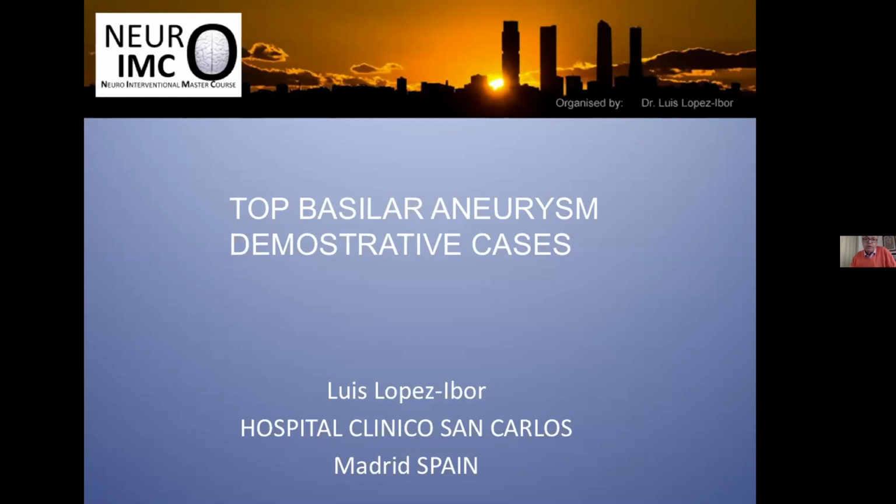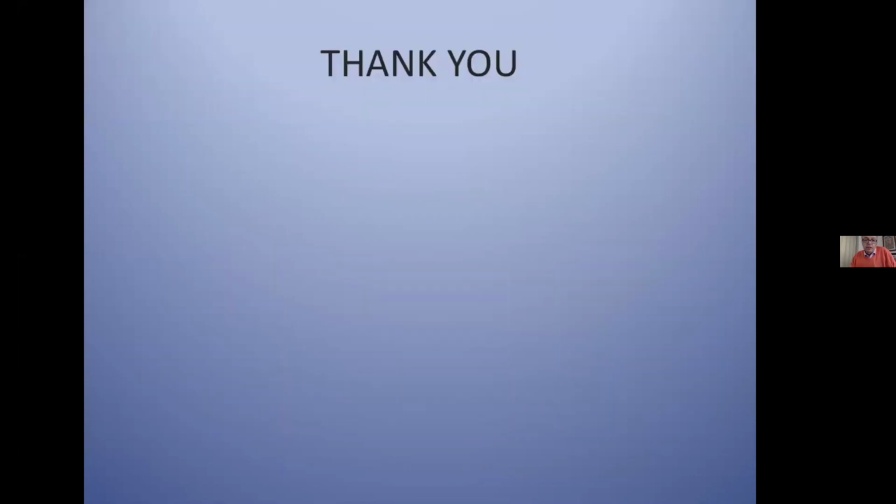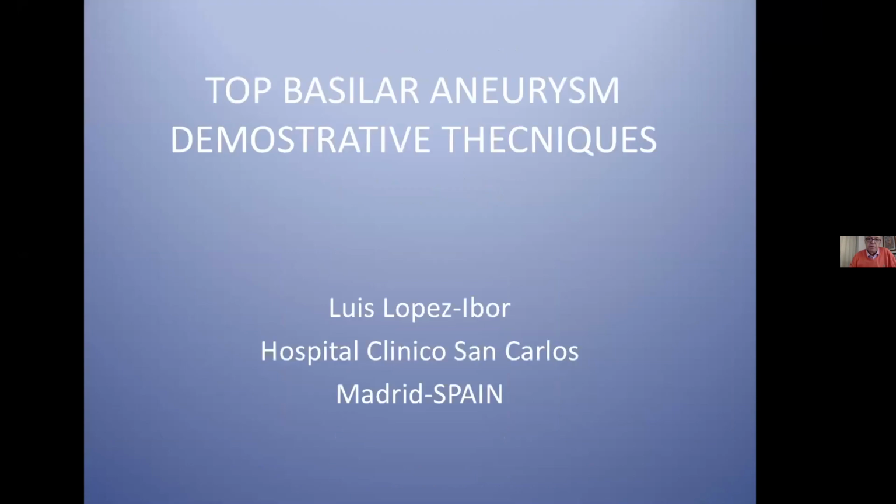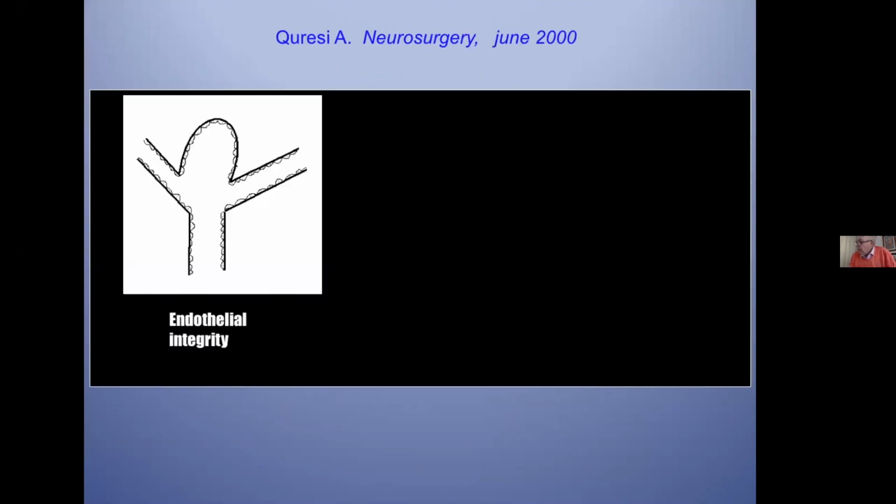My first comment is that when I started the endovascular technique to treat aneurysms, the initial cases were the basilar tip aneurysm or terminal carotid, because they are very easy to navigate.